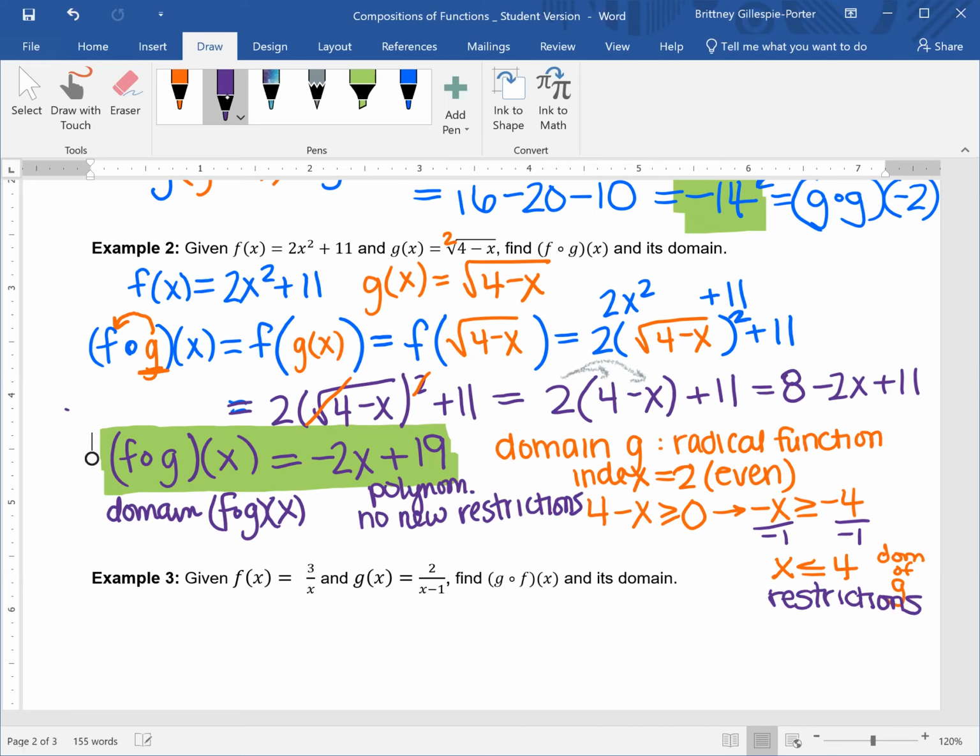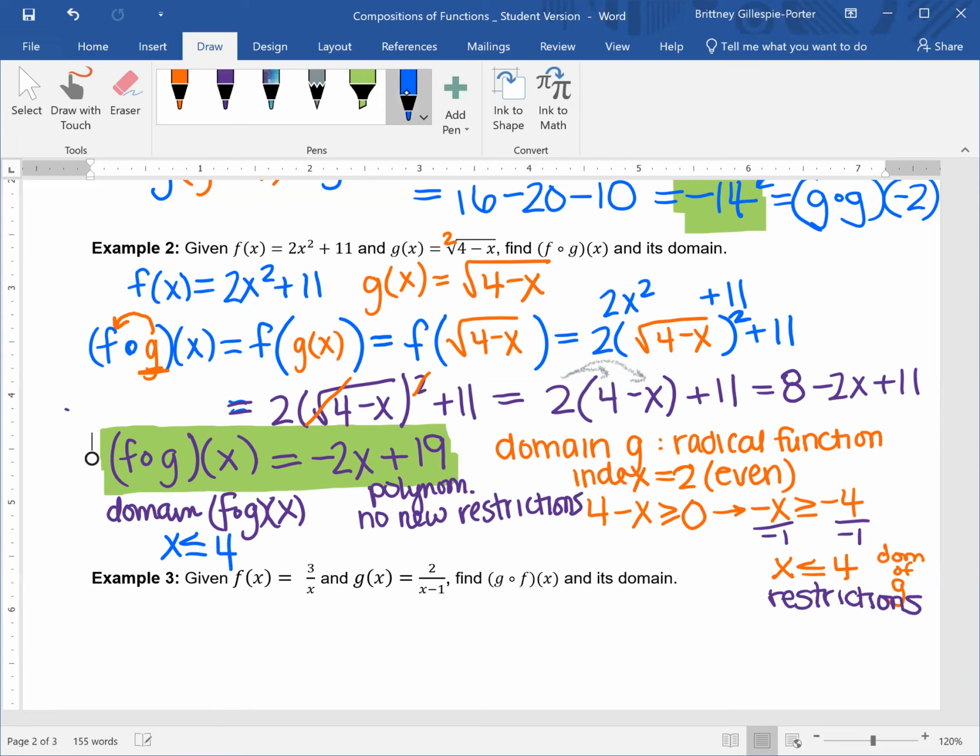It's like the baggage that you bring into a relationship with you. Just because you're in a new relationship doesn't mean your baggage goes away. G got into the relationship with F. His baggage doesn't go away. He still says x has to be less than or equal to 4. And F of G, when F is okay with it, he's like, okay, but I have no restrictions for us to use.